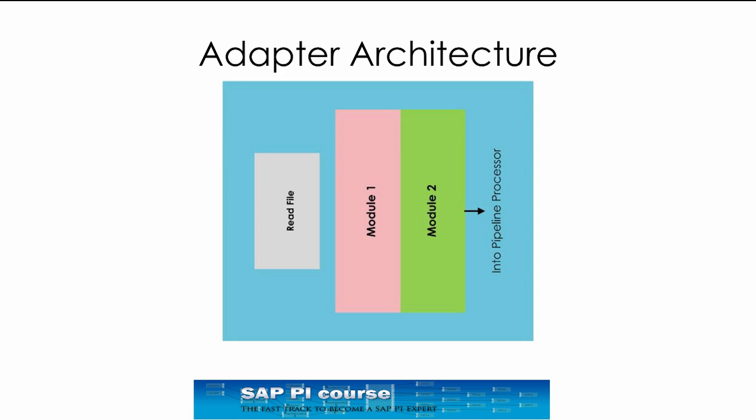SAP has delivered a list of standard modules. There's one that can switch the content, which payload you have. Some can change the schema or anonymize it, and there are different options you can use in the adapter to do different things.